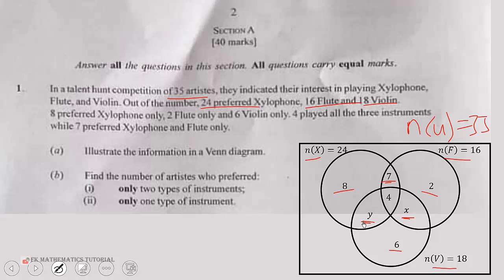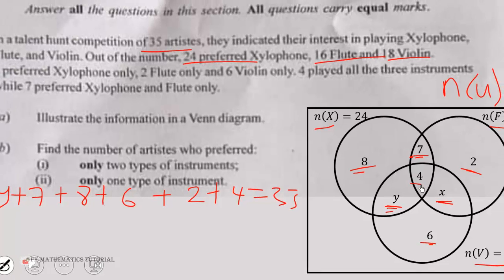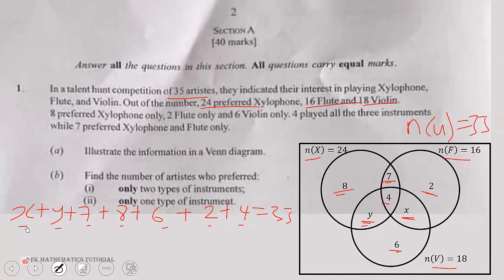So when we pick x plus y plus 7 plus 8, then we add 6 plus 2 and plus 4, we should get 35. So we have 1, 2, 3, 4, 5, 6, 7. So let's add all of these.